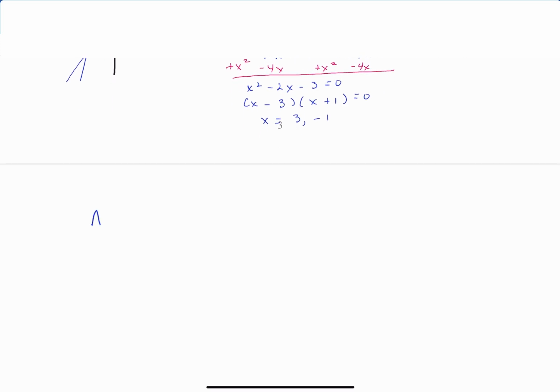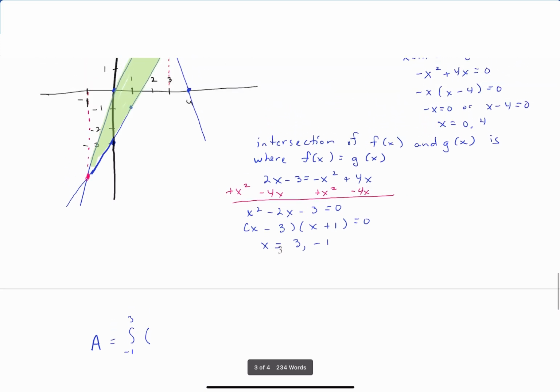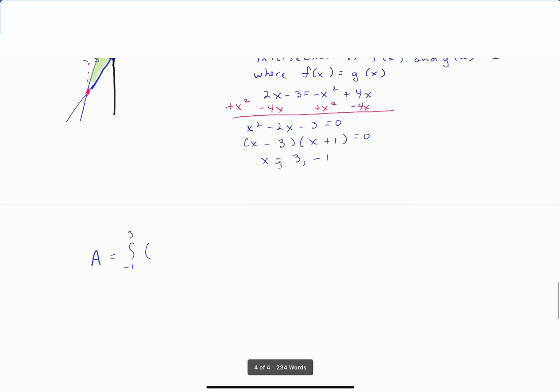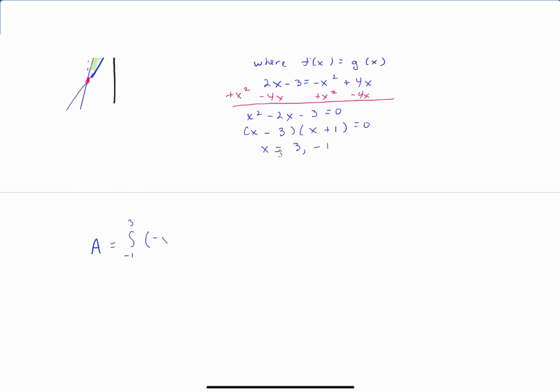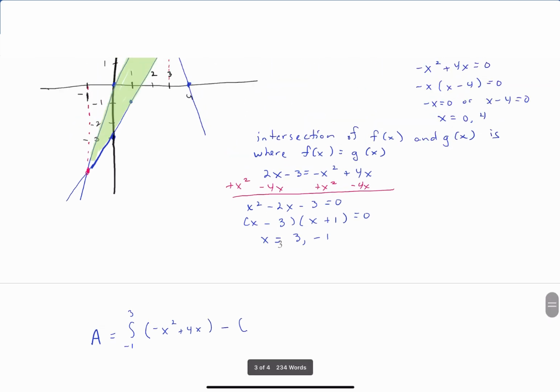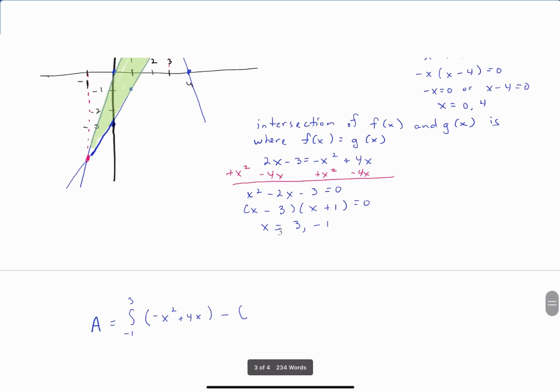The area will be the definite integral from negative 1 to 3 of the curve on top, which is which one? That's the parabola. So that's minus x squared plus 4x. Then minus the curve on the bottom, which was, what was that? 2x minus 3.